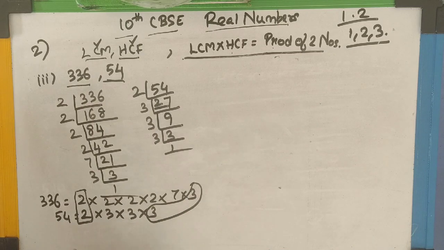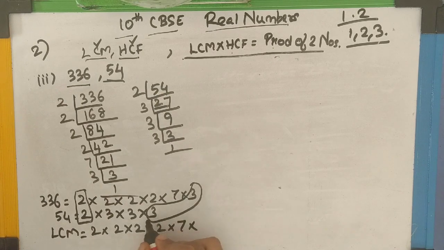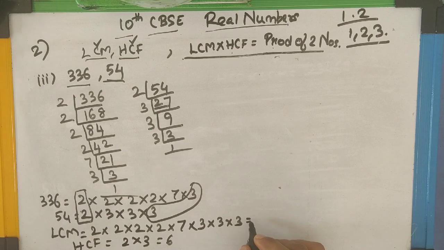One 2 and one 3 are common. Now write the LCM. Okay. LCM is 2 into 2 into 2 into 2 into 7, and one 3 and the remaining 2 threes. Okay. What is HCF? HCF is one 2 which is common and one 3 which is common, that is 6. Okay. Here what is the product of LCM?